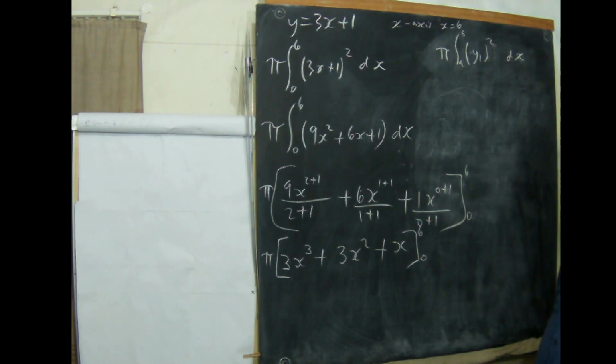Okay, now all we have to do is put in 6 where there's x, and 0 where there's x.